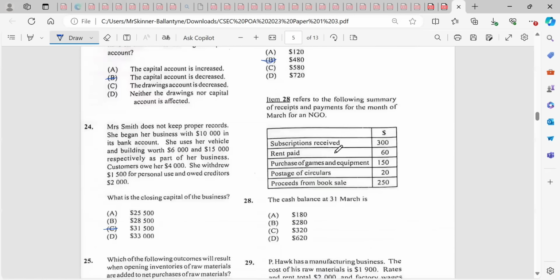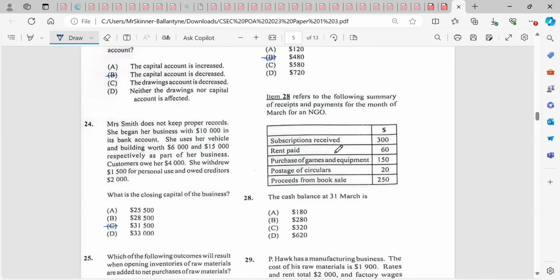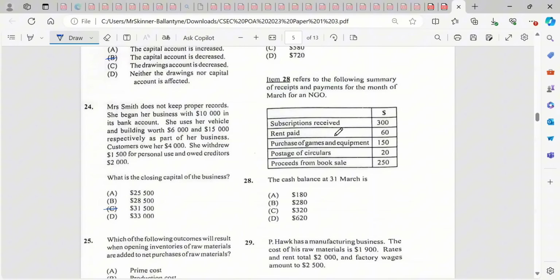Number 28 refers to the following summary of receipts and payments in the month of March. They want to know the cash balance. They're going to add all the money you get minus all the money you spend. Subscriptions received, that's money you get, 300. Rent paid, that's money you spend, minus 60, you're on 240.